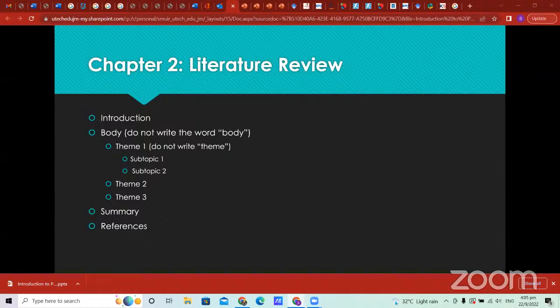A gap is typically something where there's not very much research on the area, or there is research, but there could be conflicts among that research. So maybe 3 studies say one thing, 3 studies say something different.